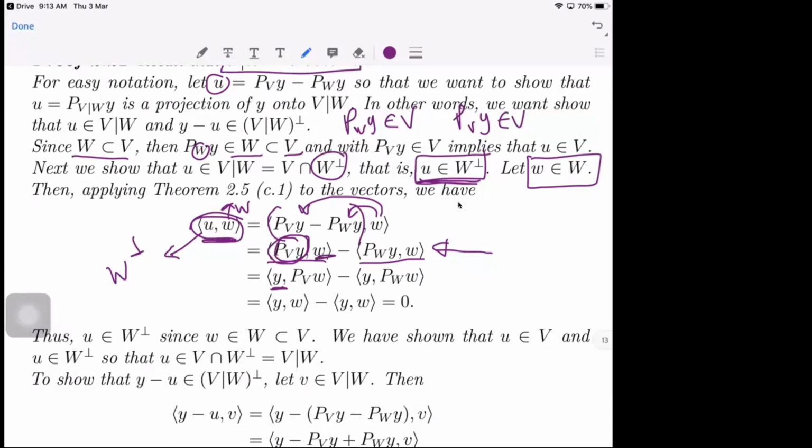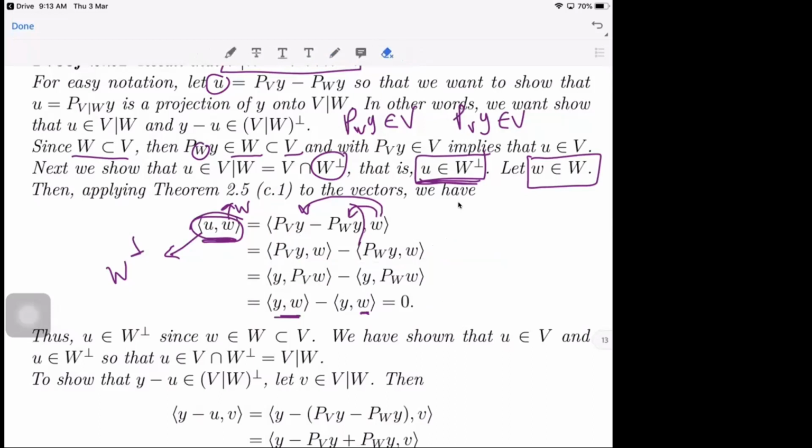If W is in V, then the projection of W onto V is just W. So this is true. Obviously, W is in V. So this is just W, and that is equal to 0.